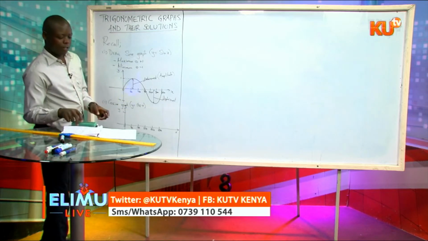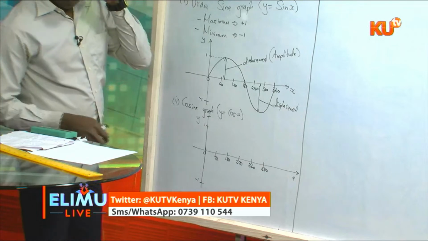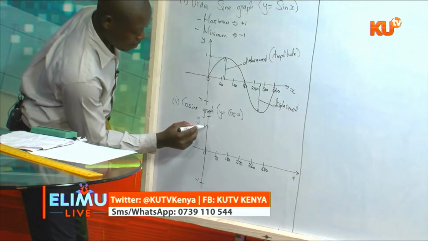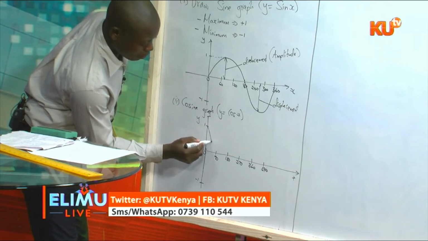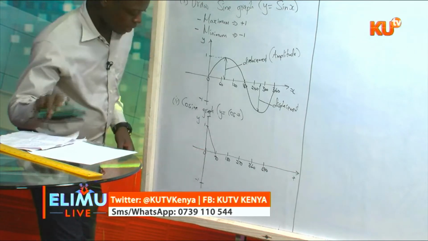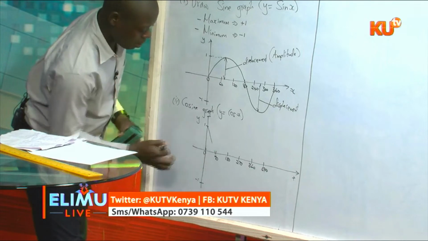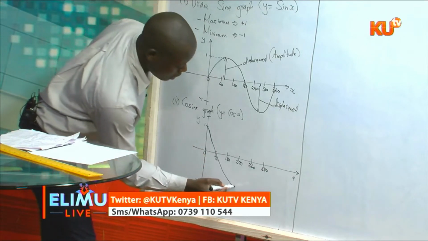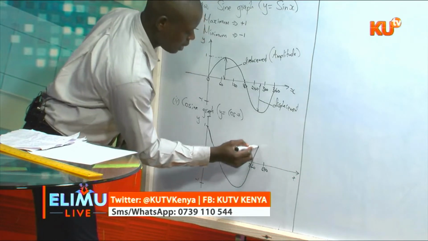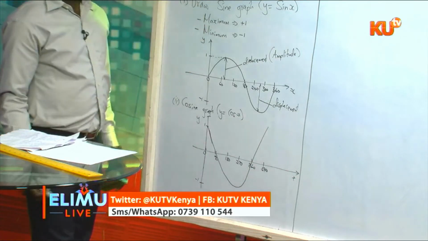But now, when you draw the cosine graph, what happens is that it starts at the highest point, and then drops. It starts at the highest point, then drops downwards through 90 degrees, and then turns. And so that's how it moves.